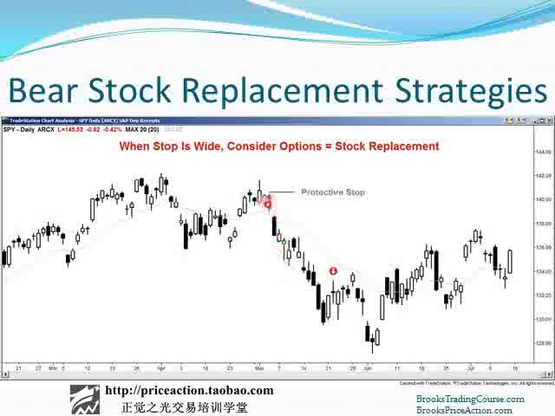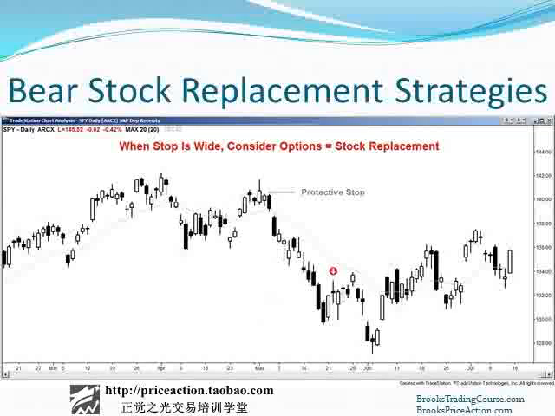The other alternative that I was talking about is, instead of being flat down here and then wanting to get short, let's say you were short from up here and now the market's down here, and you think, gosh, my stop has to be above the bear spike or above the lower high, and that's far more than I want to risk. Let's say it's 5 times more than I want to risk.